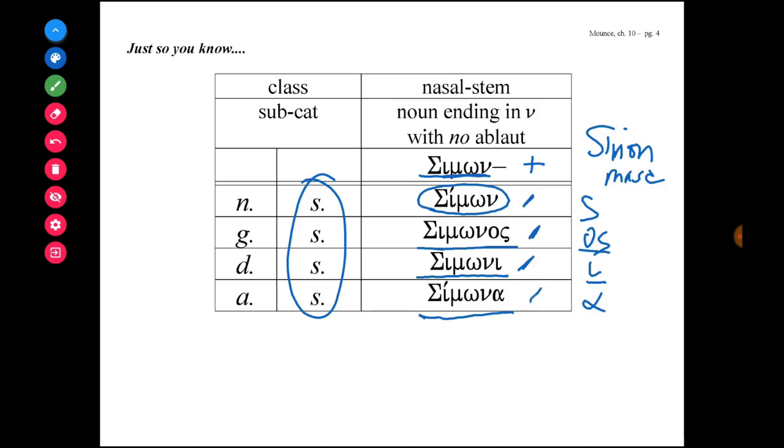And so this is an example of a nasal stem at work, where the consonant that ends the stem is either an N sounding or M sounding letter. So it would be a nu in Greek or a mu in Greek, because the sound originates from your nose, so that's why it's called a nasal stem. And this is another type of third declension noun. And we're introducing it here because you learned Simon as part of your vocabulary.